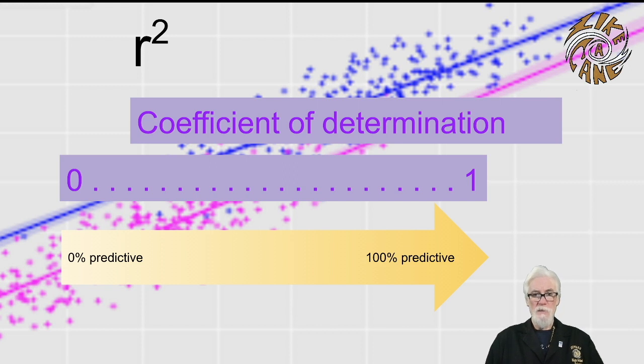If R squared is 0, that means there is 0% chance that your line will predict a correct value of the dependent variable based on the independent variable. If it's a 1, then that means your line is 100% predictive. In other words, you put in any value of the independent variable and it will predict 100% correctly what the dependent variable value is. So you want R's that are close to 1 or R squareds that are close to 1.